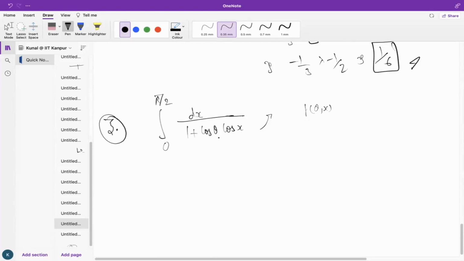So now there is a confusion. Our lower limit is 0 and upper limit is pi by 2, but is this x or theta? Does it vary with respect to x or with respect to theta? This is the confusion here.